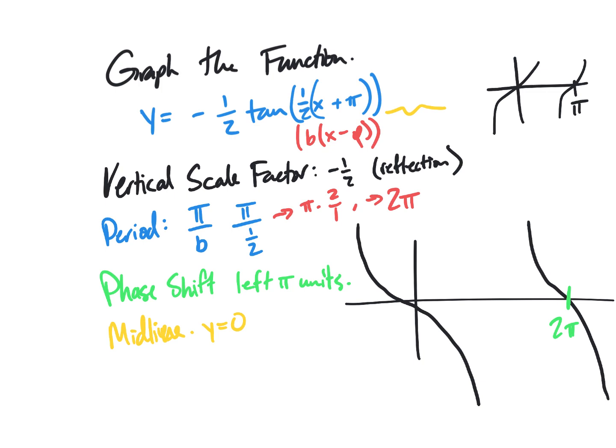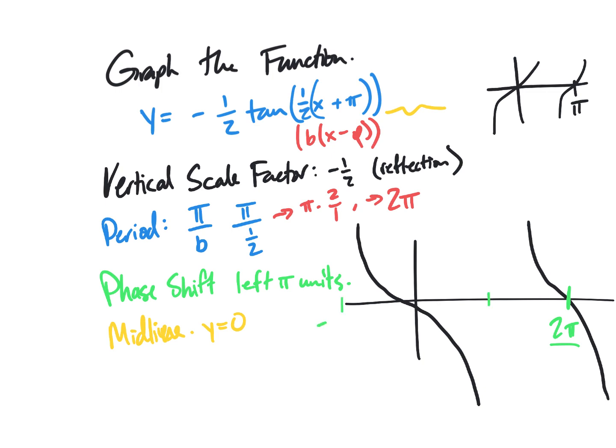Okay. Now, let's see. Do I have everything else involved? Yes, I think so. Okay. I have my vertical scale factor because I reflected it and I shrunk it vertically. I have my period because I labeled it right here. I have my midline because it's still on y equals 0, and now I just need to shift the whole thing left pi units.